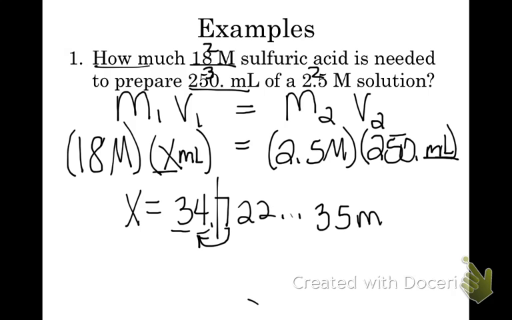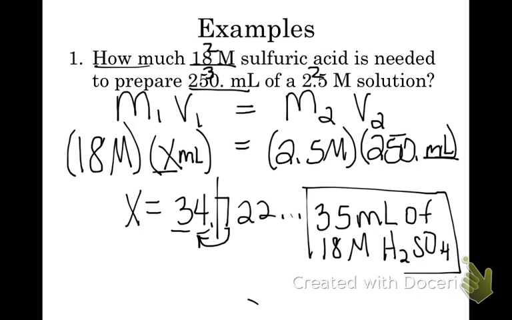The unit was milliliters. 35 milliliters of 18 molar sulfuric acid. So I have 35 mils of this concentrated solution in order to make 250 milliliters of a 2.5 molar solution.